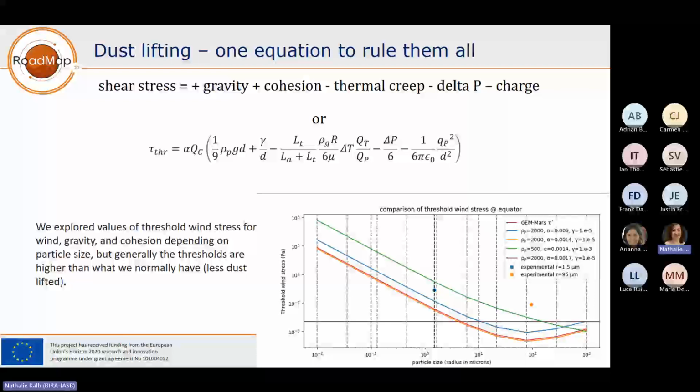I played around. I just did some back of the envelope calculations, and this is threshold wind stress, and I played around with particle sizes as well. They gave broad ranges of values to plug into these different parts of the equation. This red line is sort of the back of the envelope GEM-Mars threshold for lifting.